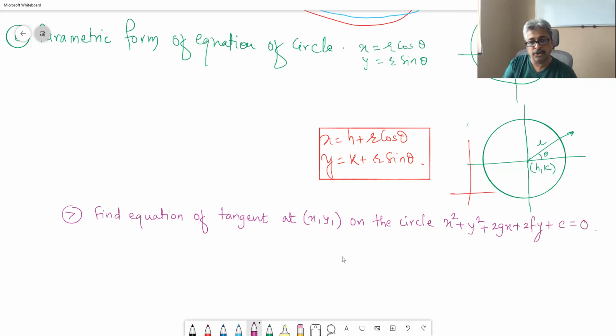So this is a good job for you. Find the equation of tangent at (x1, y1). That point is on the circle. The equation of the circle is x square plus y square plus 2gx plus 2fy plus c is equal to 0.